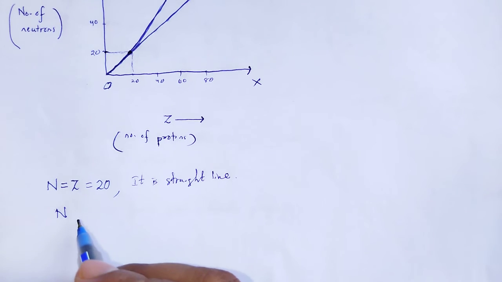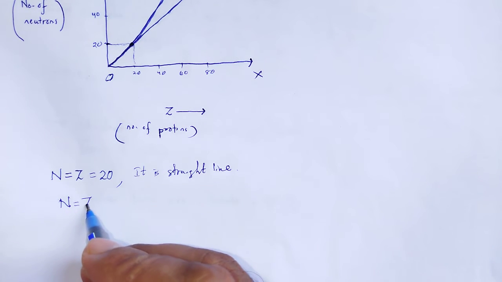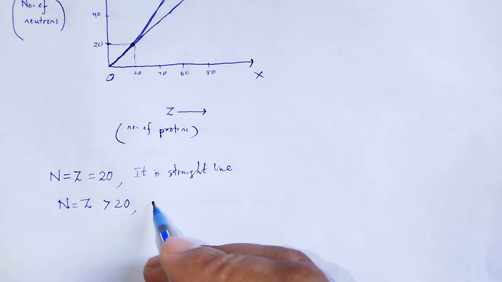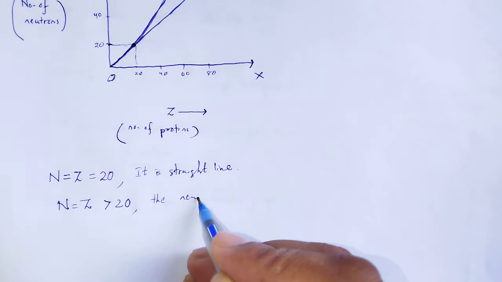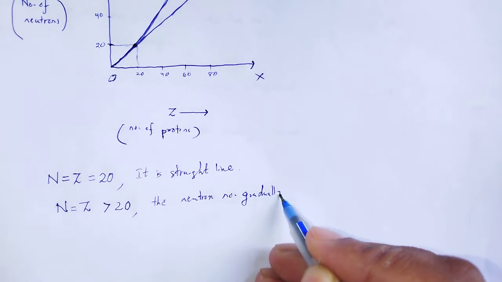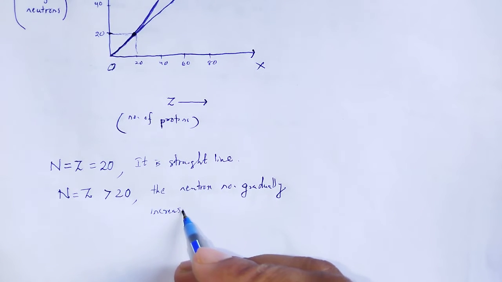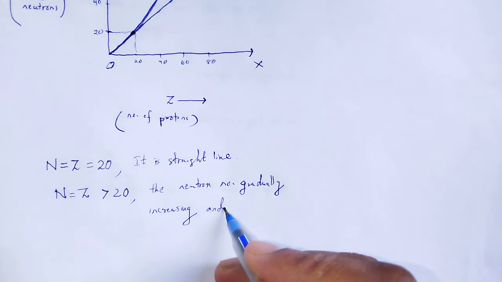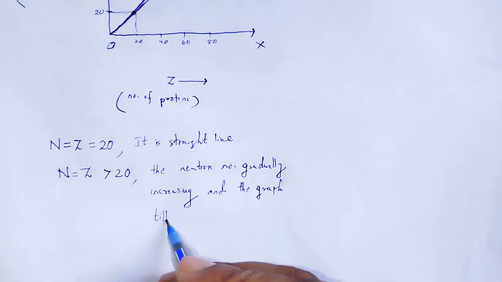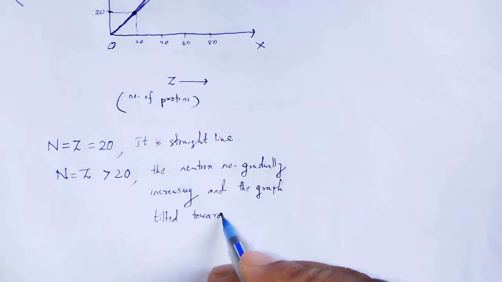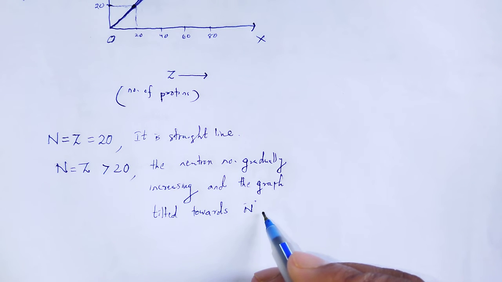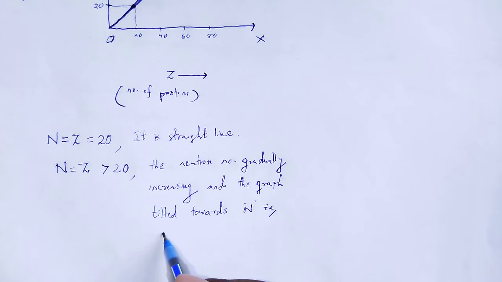When N or Z is greater than 20, the neutron number gradually increases and the graph tilts towards the y axis.